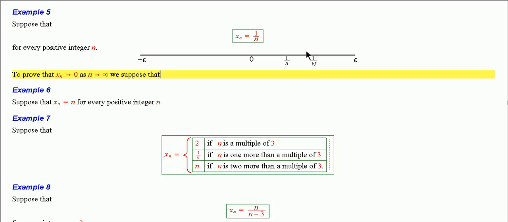The definition says for every neighborhood u of 0, the sequence is eventually in u. Alternatively, for every epsilon greater than 0, the sequence is in the stick center 0 radius epsilon.